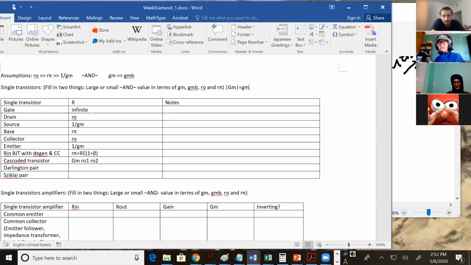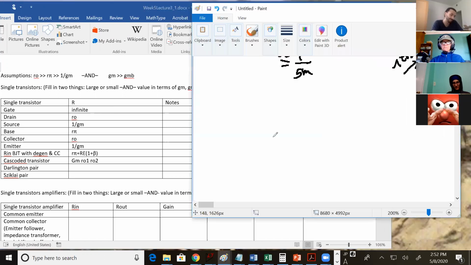But why? We just figured out our R out values for all the terminals, and I just told you what GM is. What useful information can you get if you have R out and GM? Gain, exactly. So we have the resistances at the terminals, and we know what the GM is for most of our amplifiers.